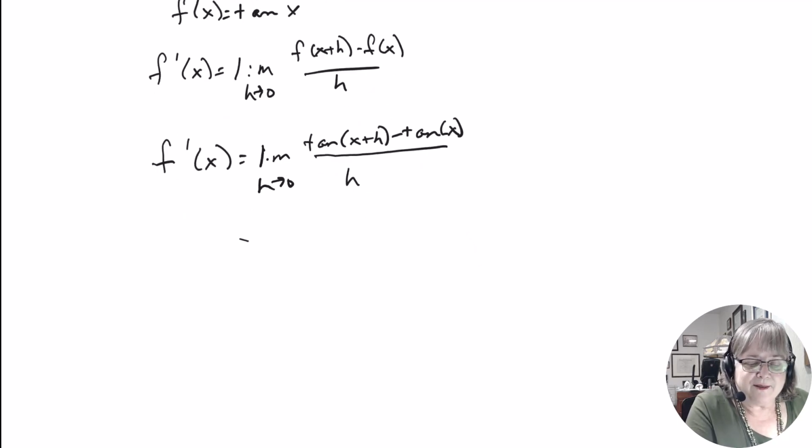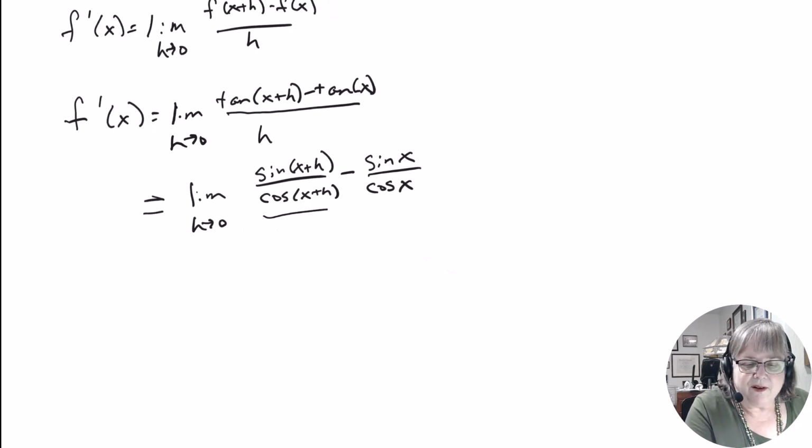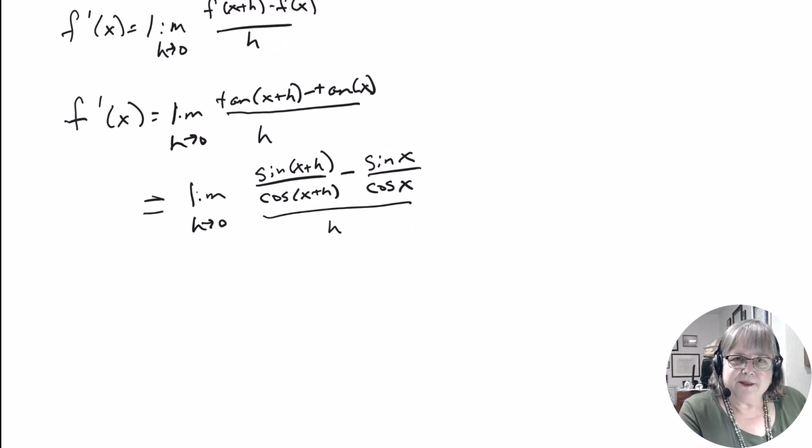And it does look like we're going to go back and pull that part about the sine and cosine. So this is sine of x plus h over cosine of x plus h minus sine of x over cosine of x, over h. And does this look like a complex fraction to you? And the answer should be yes.